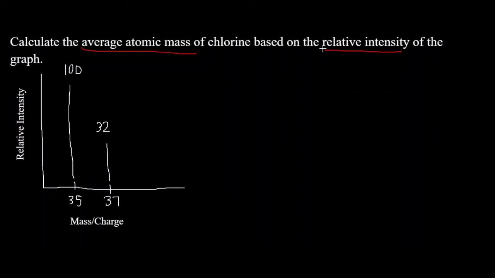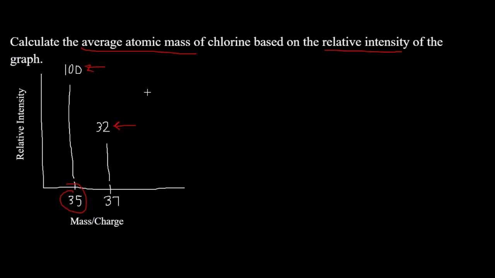But with relative intensity, how it works is our most common one always has a relative intensity of 100, and then our other one is found relative to whatever we have right here. In this case it's given, but sometimes you might have to figure it out on your own. So make sure you read the problem and check whether it asks for relative intensity or percent abundance.